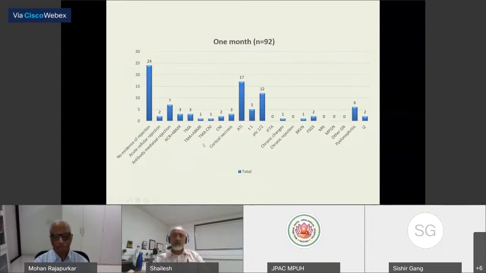From 1 week to 1 month, again we see acute tubular injury is the most common, which could be due to reperfusion injury, CNI toxicity or any drug-induced injury. That could be the reason for acute tubular injury, followed by antibody-mediated rejection.